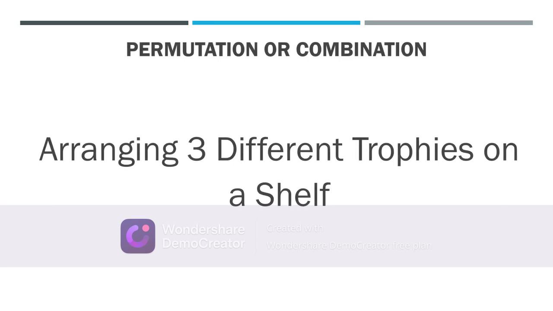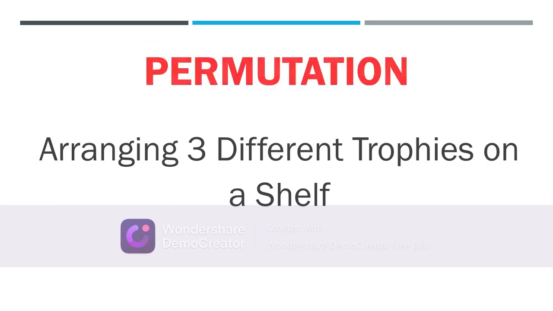Arranging 3 different trophies on a shelf. Again, there is no selection. Thus, this is permutation. The arrangement matters because different orderings of the trophies result in distinct outcomes. For example, placing the gold trophy first versus last creates different results.